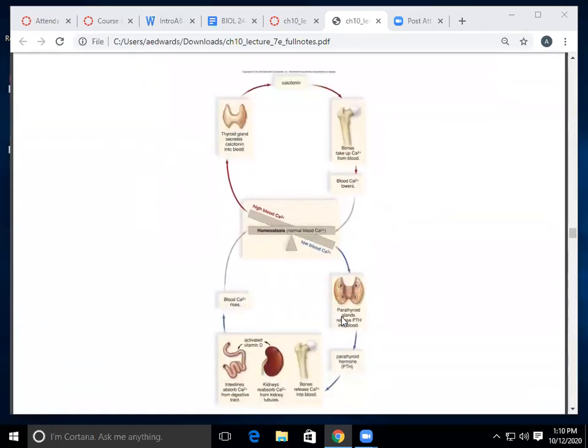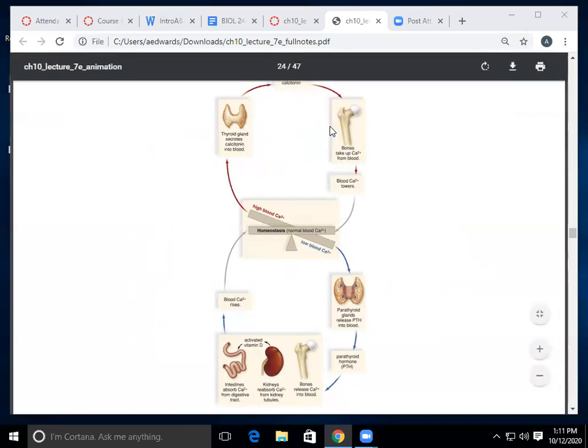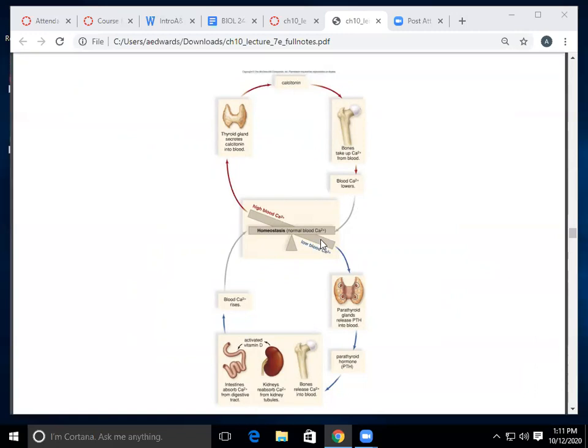All right, so here's an illustration of how calcitonin and parathyroid hormone work together to provide homeostasis for your calcium levels in your blood. If the blood calcium levels get too high, your thyroid gland is going to secrete calcitonin into the bloodstream, and it's going to make your bones take up calcium. The blood calcium level is going to go back down.